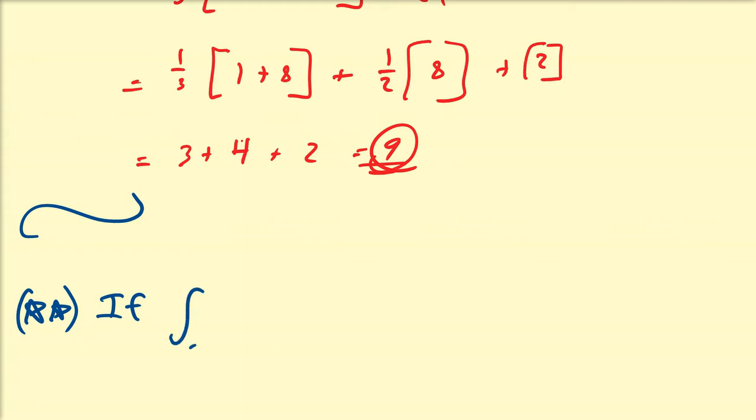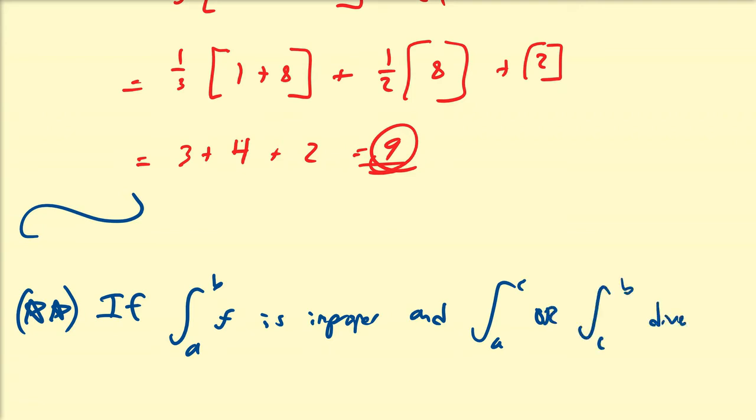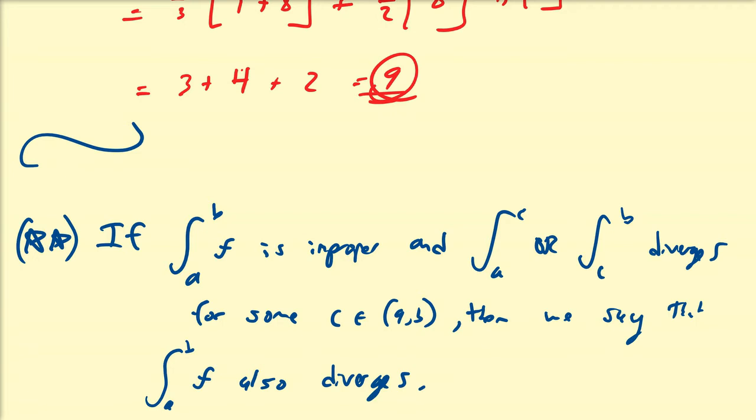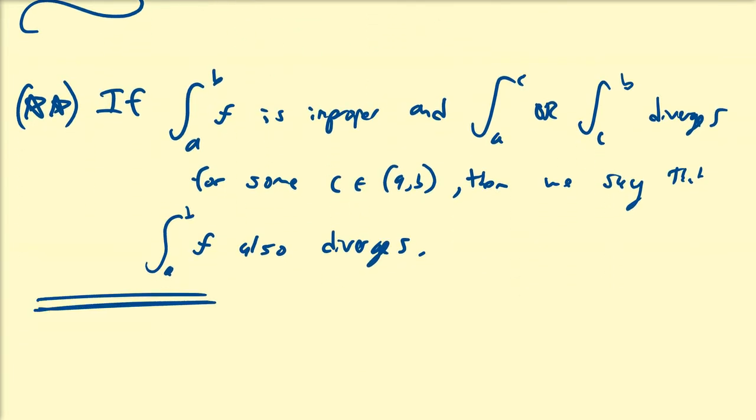Let us assume that the integral from a to b of f is improper, and the integral from a to c, or the integral from c to b, diverges for some c in the interval ab, then we say that the integral from a to b of f also diverges.